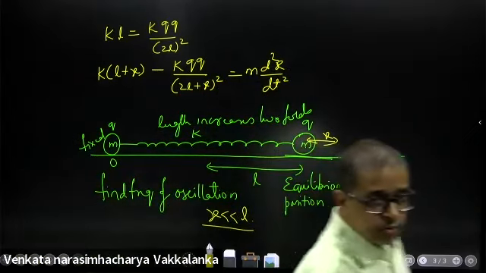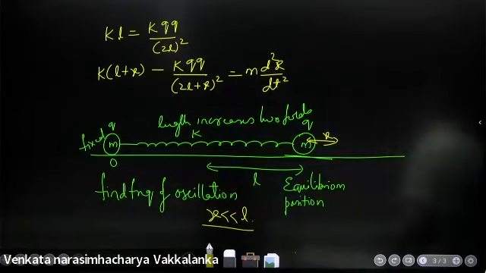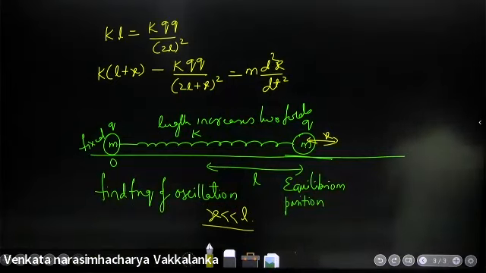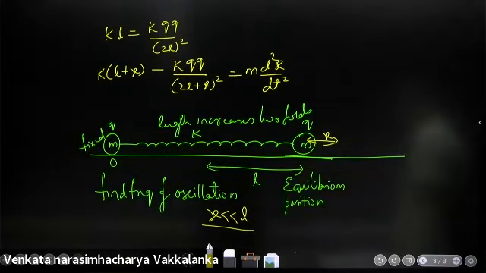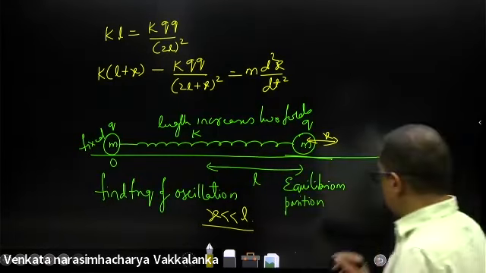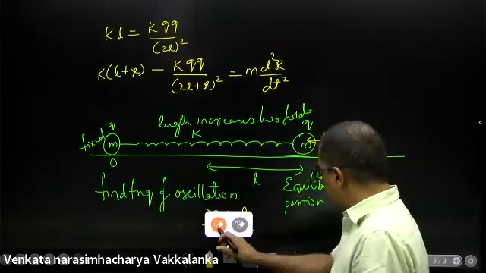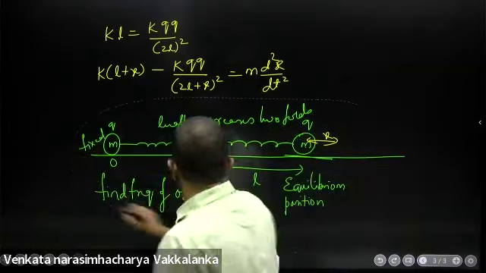See if you are convinced. 2L plus x whole square in the denominator is equal to mass into acceleration. Now, I'll remove the lower part for me to do the simplification.